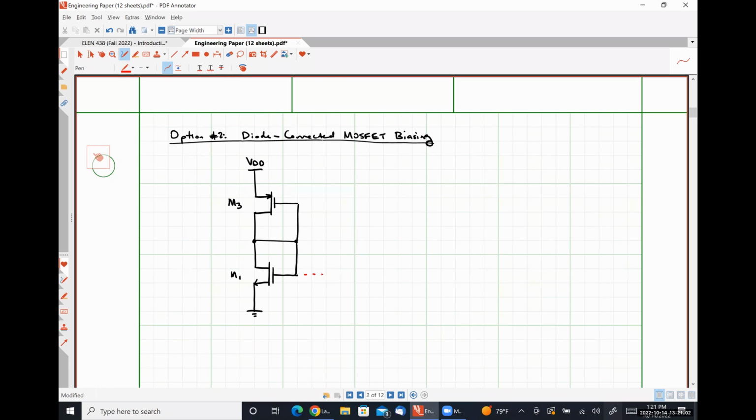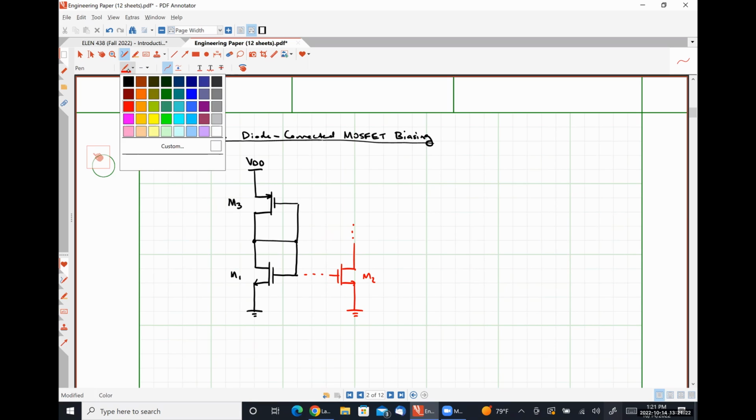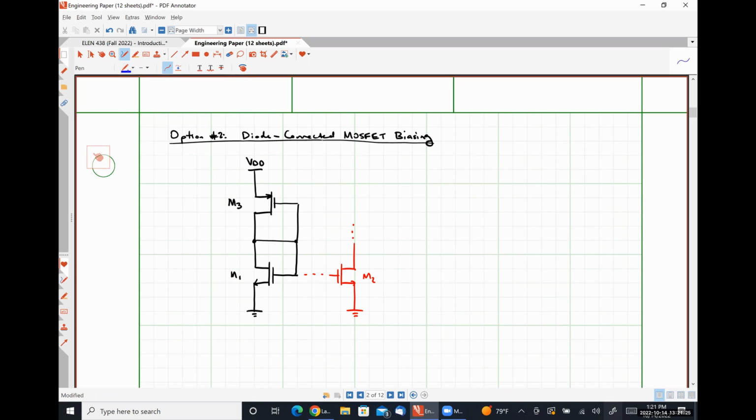So this scheme can be used to mirror currents in an NMOS current mirror, but also in a PMOS current mirror, excuse me.